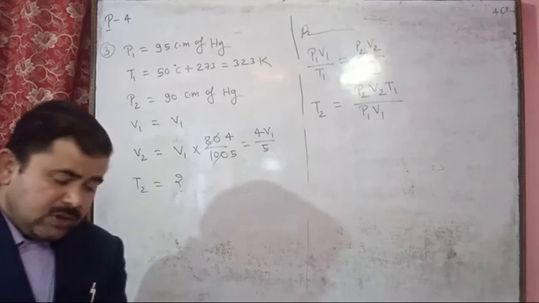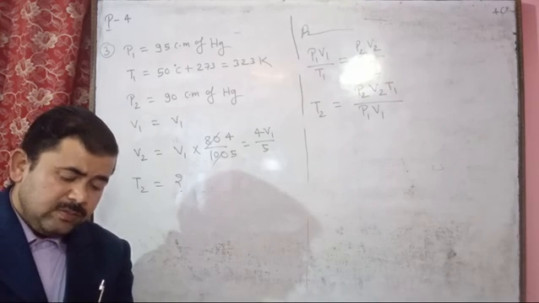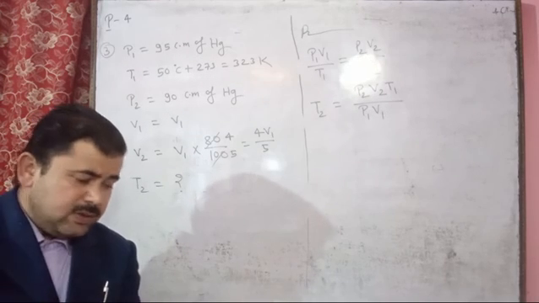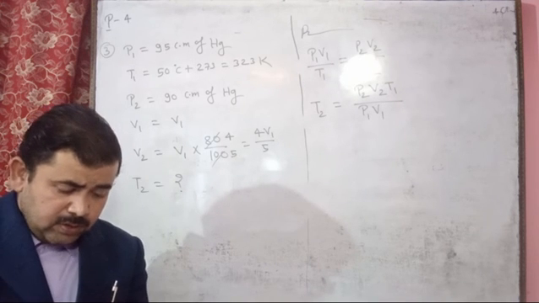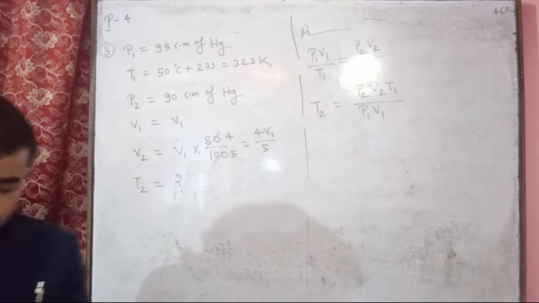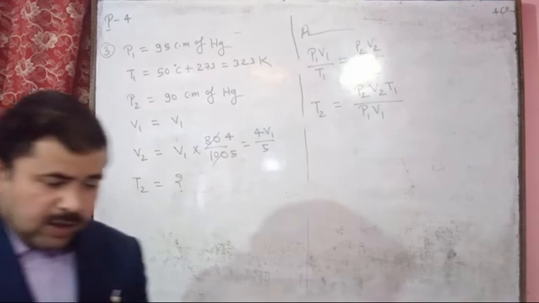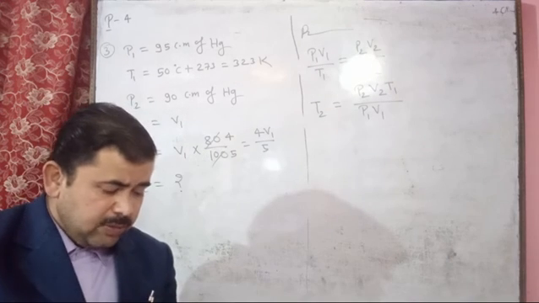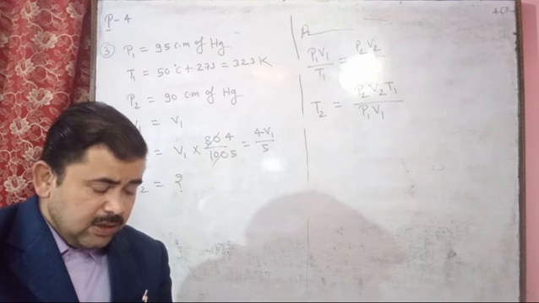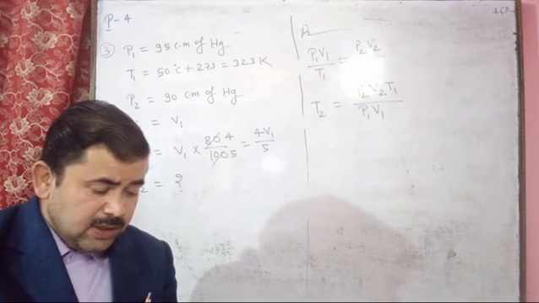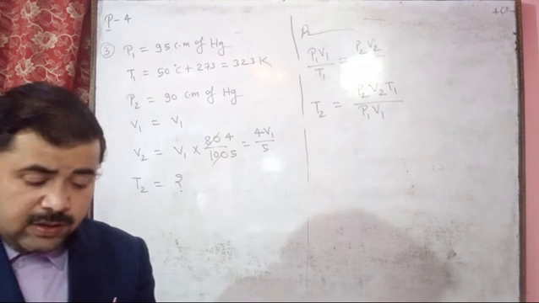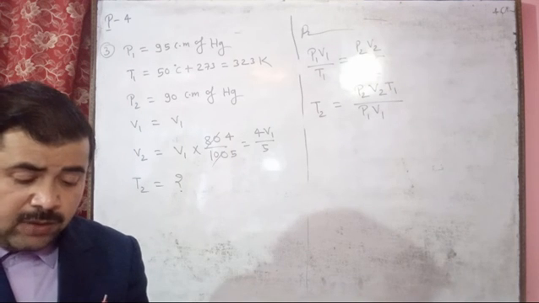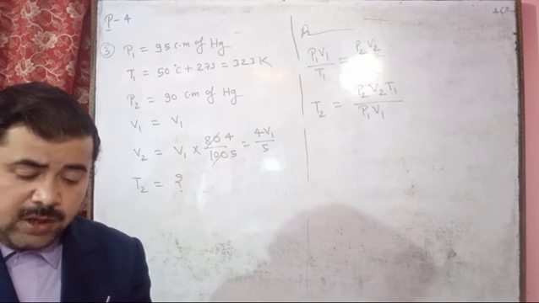The other questions you will do in the same manner as these example questions. Question number 5, example question: a gas X at 15 degrees Celsius is heated until its pressure doubles and volume triples from the original.